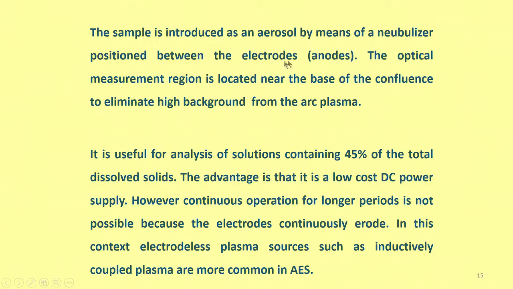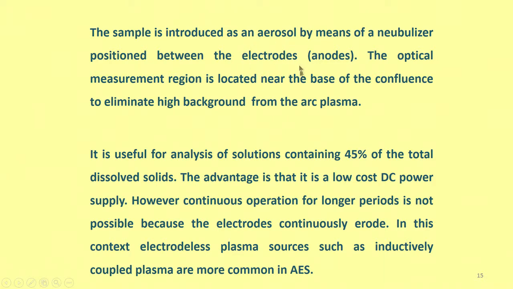So, the job of the nebulizer is to convert a given liquid into small droplets, and that is positioned between the electrodes. In between the electrodes, the gas is flowing and the sample is introduced in the form of a vapor. Okay.